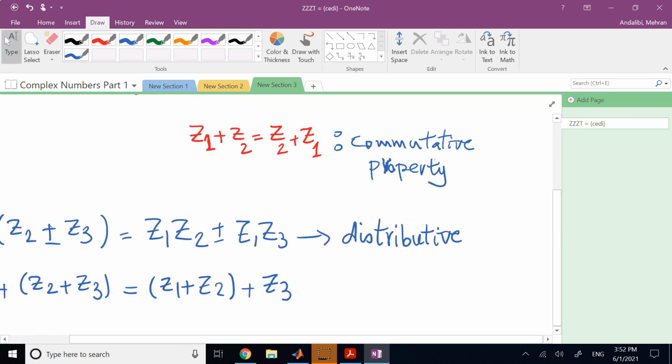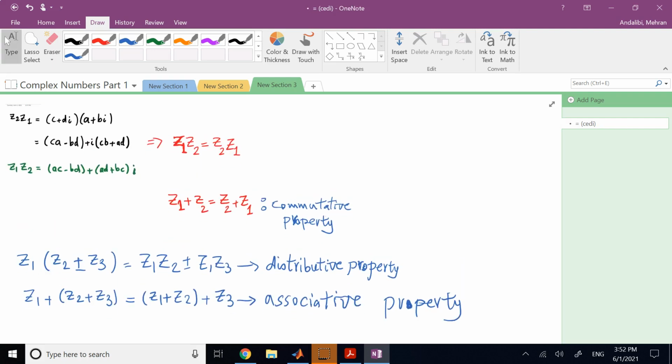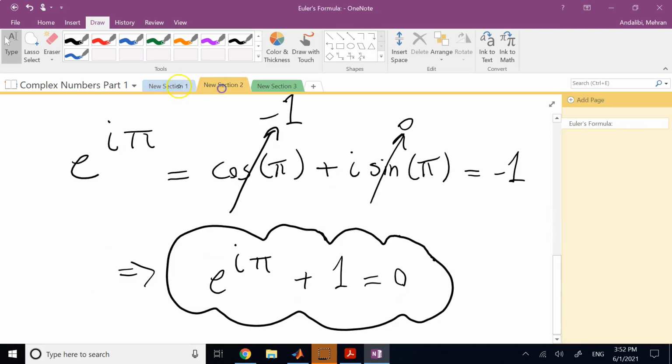Here, product with respect to addition and subtraction. And this guy is called the associative property. So yes, complex numbers show all of these important properties that you need.